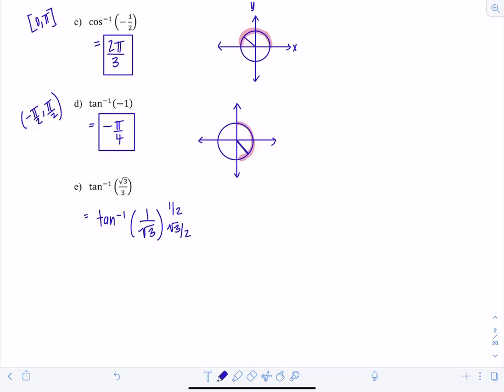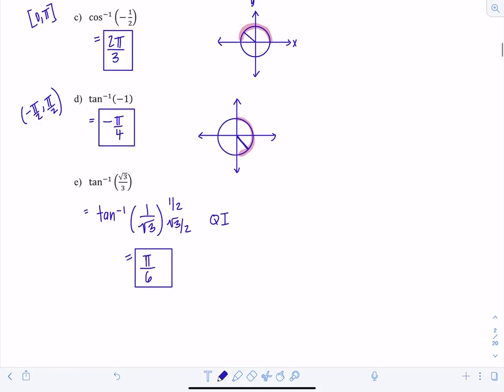So if sine is 1/2 and cosine is rad 3 over 2, then that means we have a pi over 6 reference angle. And since tangent's positive, then we're in quadrant 1. So the answer is just going to be pi over 6. All right. Good. If you haven't memorized your unit circle, this is definitely going to be challenging for you. So I recommend you get that under control. There's lots of free blank unit circles you can download in order to practice filling it in or whatnot.